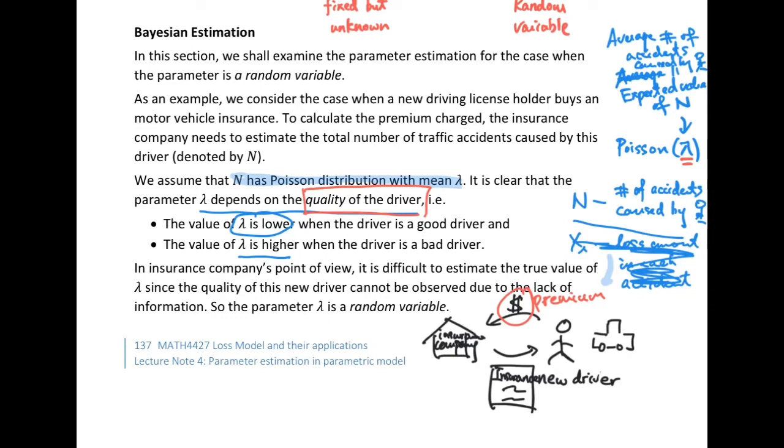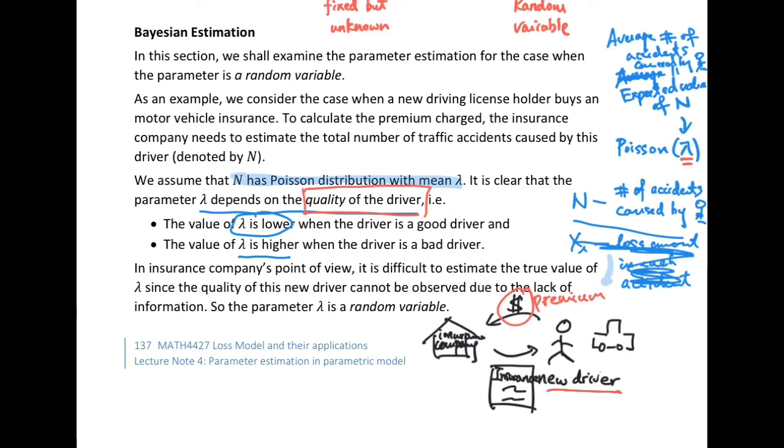But this approach is only useful if this driver is an experienced driver who has driven for a couple of years, so that you have some actual record that you can check. But in this situation, this guy is a new driver, meaning that he has no driving experience. In that case, the insurance company cannot really assess the true quality of the driver.